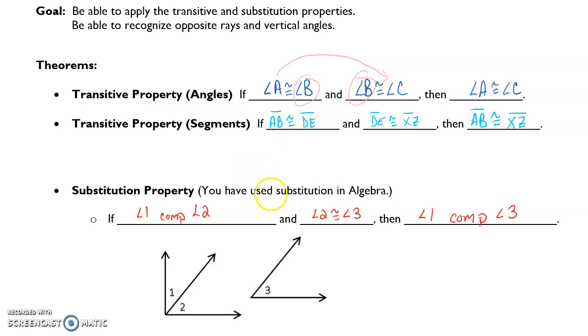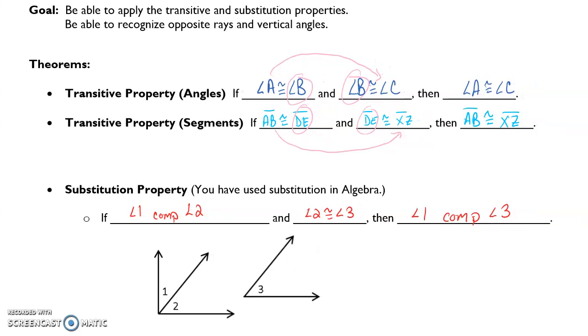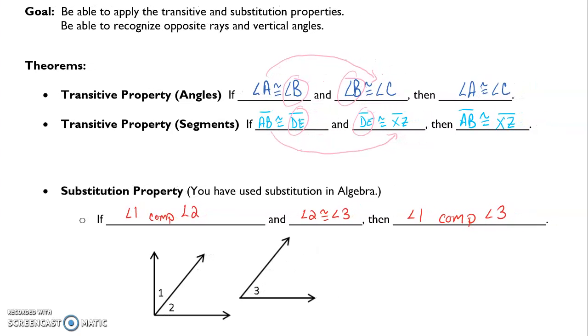And the same thing happens with segments. If segment AB is congruent to segment DE and segment DE is congruent to segment XZ, we can skip the middleman and chain these together. This transitive property can happen over however many chains or however many times that we can apply it.